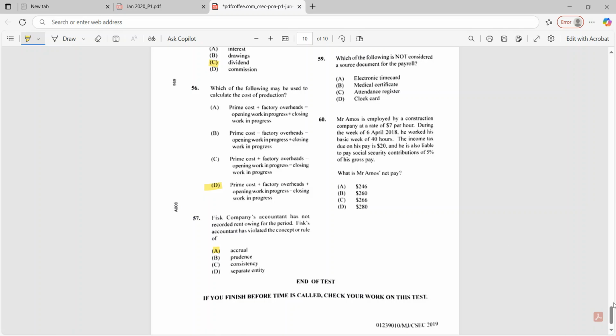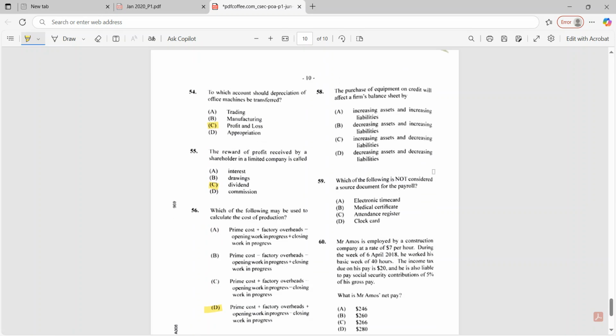No. 58 says the purchase of equipment on credit will affect a firm's balance sheet by. So if it's on credit, we're going to have to increase liability and increase assets since equipment is a fixed asset. So we're going to look for that in the answers.